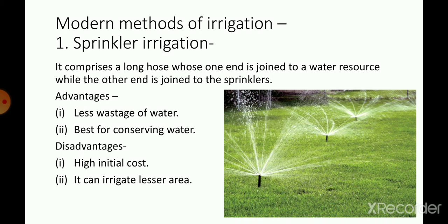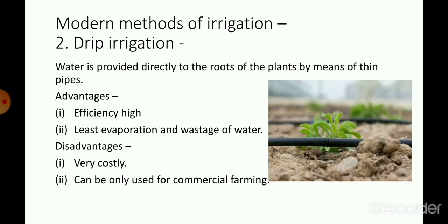Advantages of sprinkle irrigation. Less wastage of water. Best for conserving water. Disadvantages. Initially high cost. It can irrigate a lesser area. Next, second method of modern method of irrigation, drip irrigation.